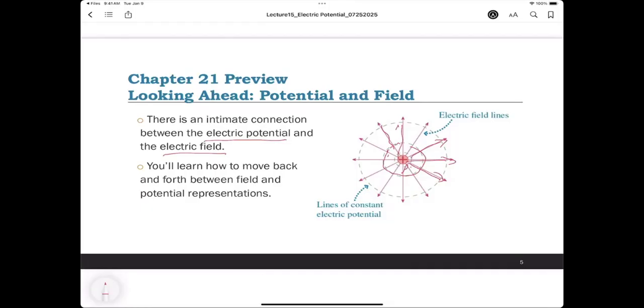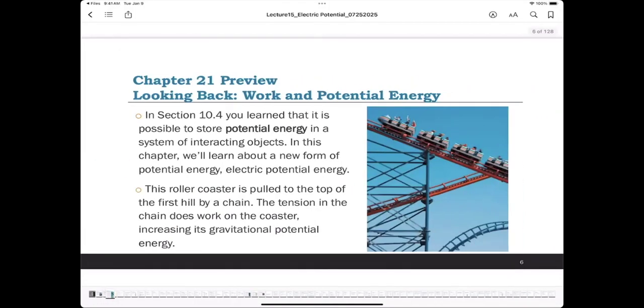Let's continue. Before we start this class, let's look back at work and potential energy, in section 10.4.